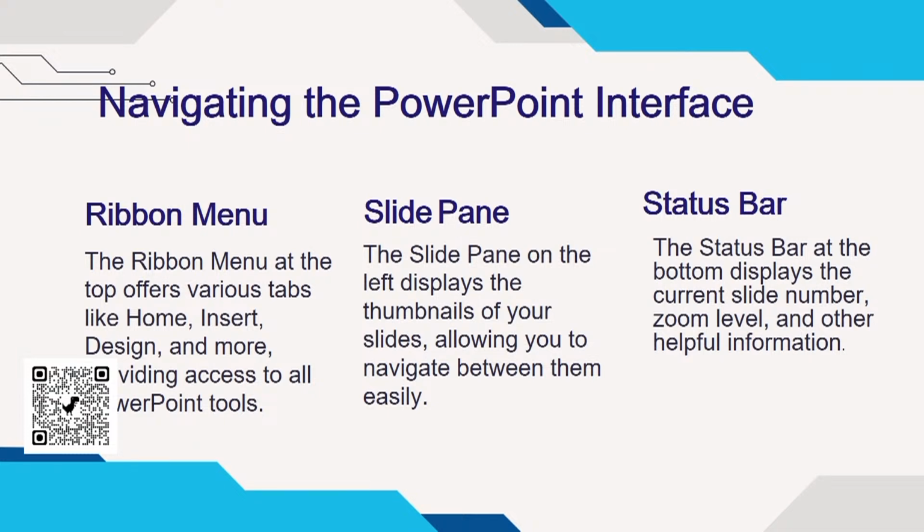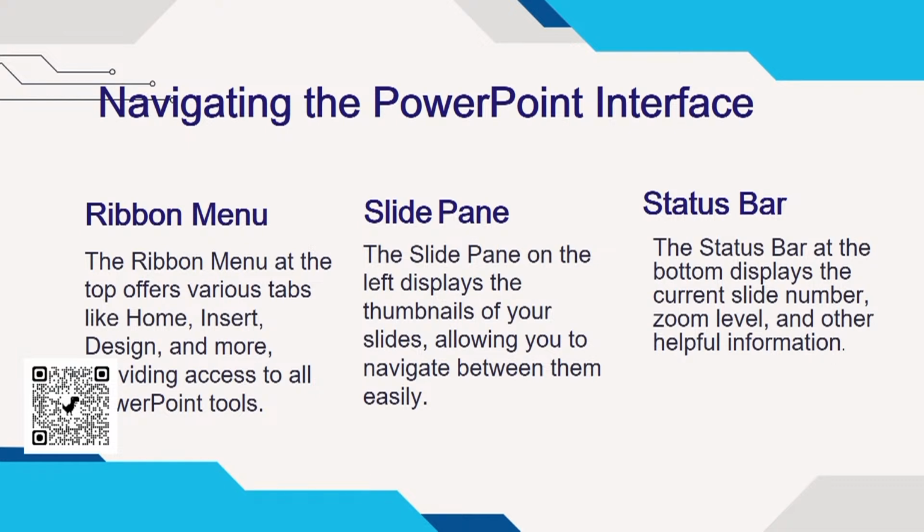Next is the slide pane. The slide pane displays the thumbnails of all the slides together. Whenever we work in PowerPoint, we have one main slide, and other than that we have the slide pane where we can see all of the slides at once and scroll down to see the following slides.